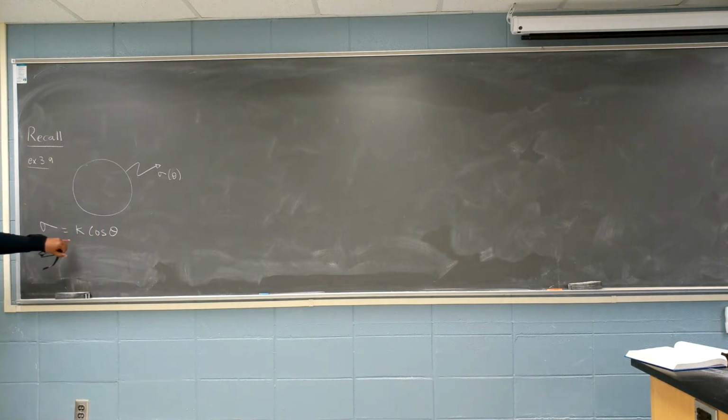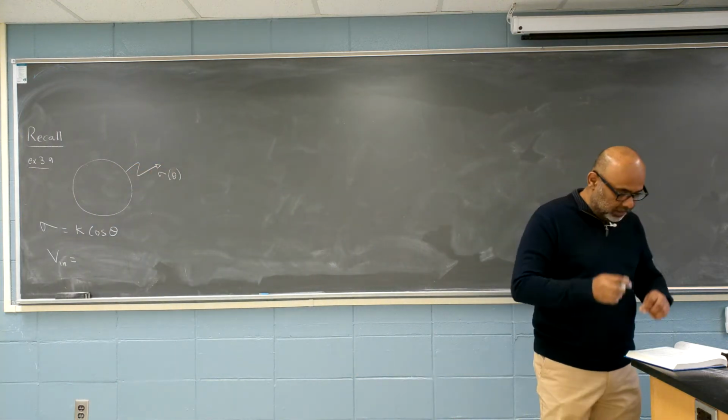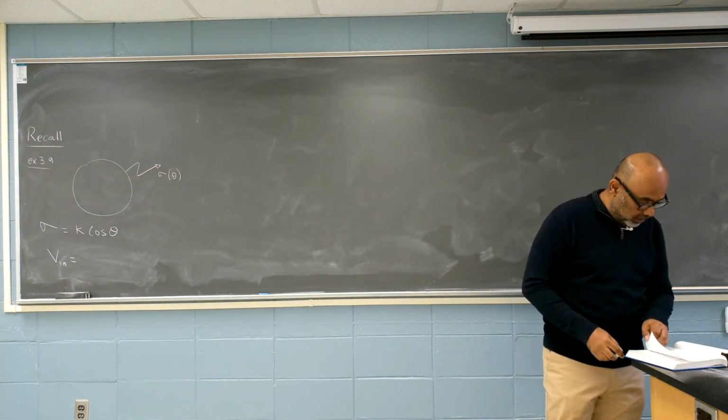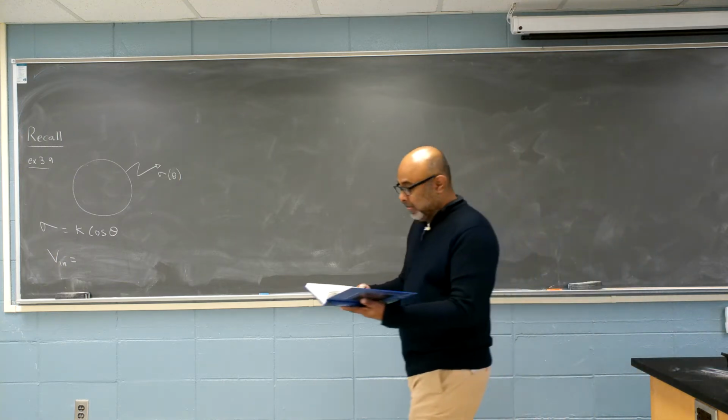It's unfortunate that Griffiths picked K. This is not 1 over 4 pi epsilon naught, just any constant called K. In this case, there is an inside potential and outside potential, and I'm just going to copy them off. It's an example we did in class, but I shall also very specifically tell you what equation numbers they are.